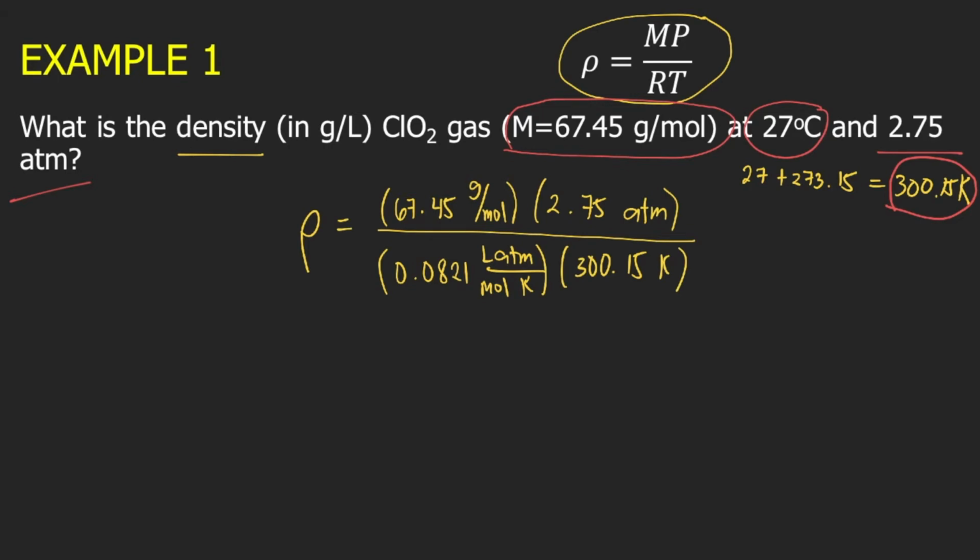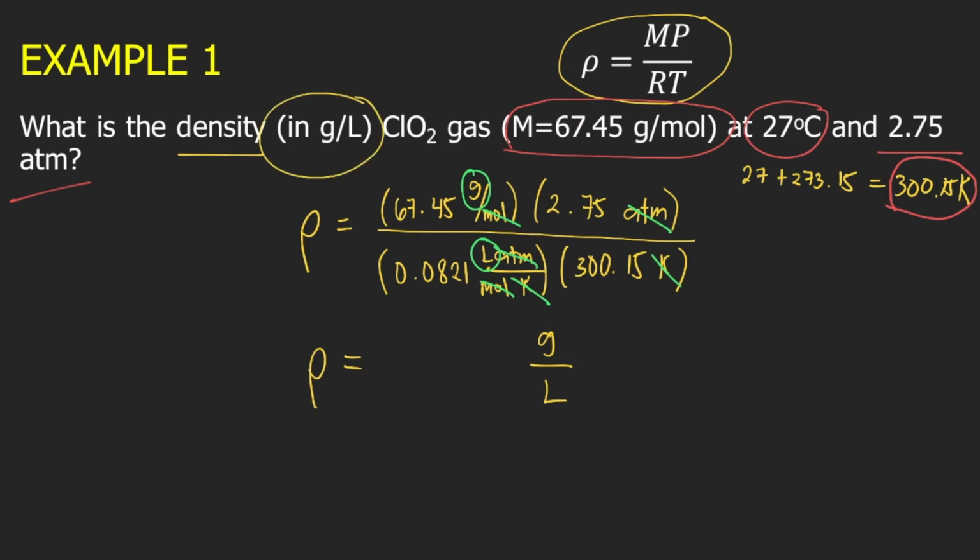Okay, so let's see how the units will cancel out. Moles will cancel, ATM will cancel, and Kelvin will cancel. So what is left is grams per liter, or grams over liter. So the unit for our density is grams over liter, which is what is being asked in the problem.